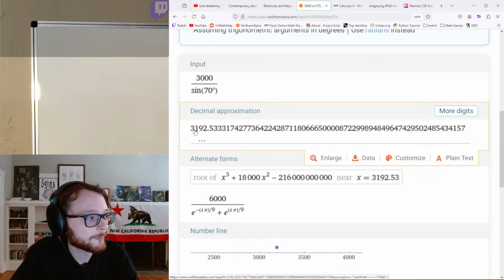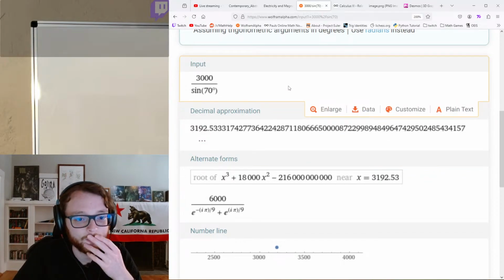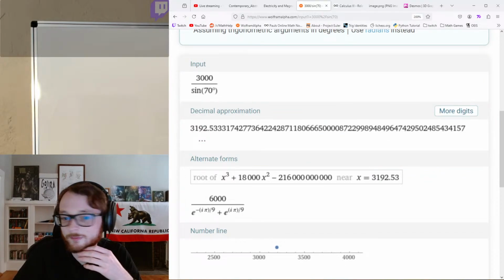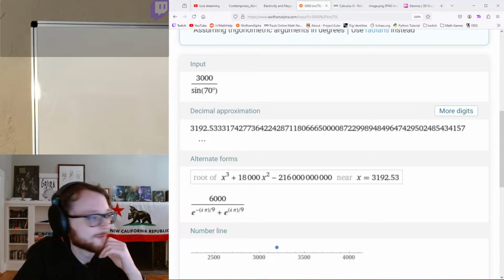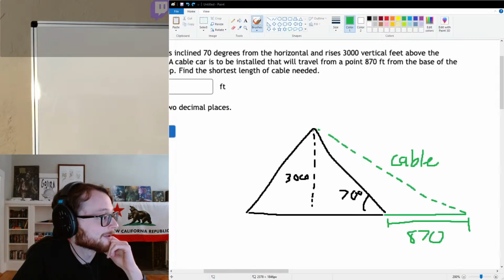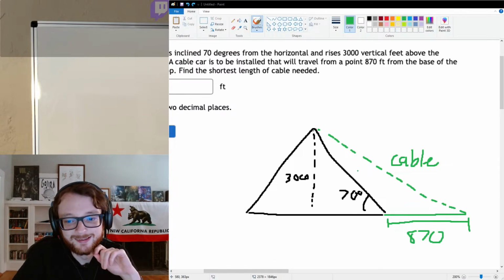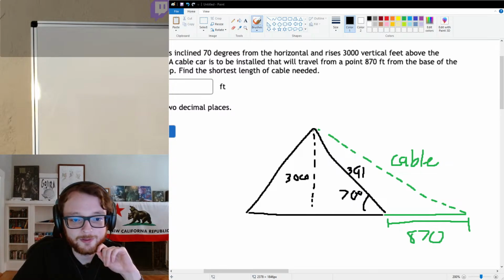The hypotenuse of the mountain is already 3,191.5, we'll say. So that green line is definitely going to be bigger. But I'm following through with this just because I like proving AI wrong.